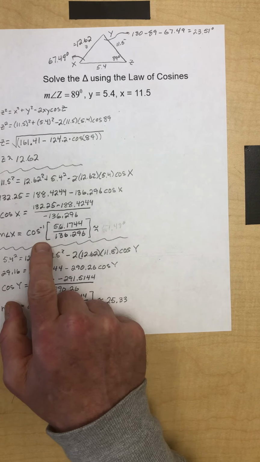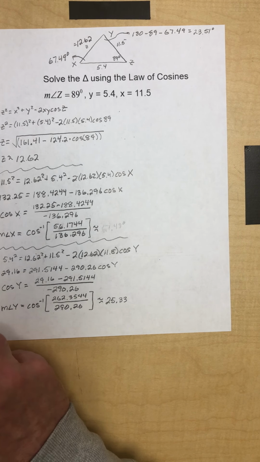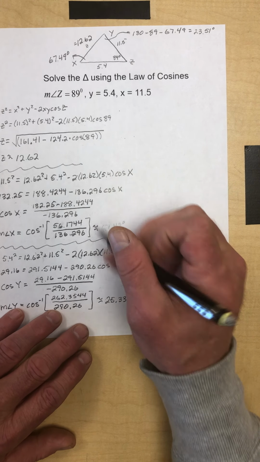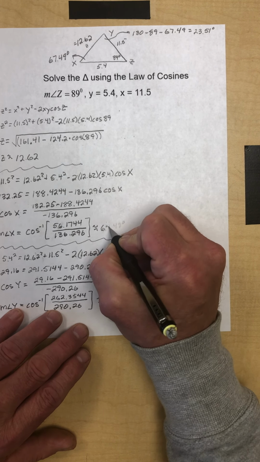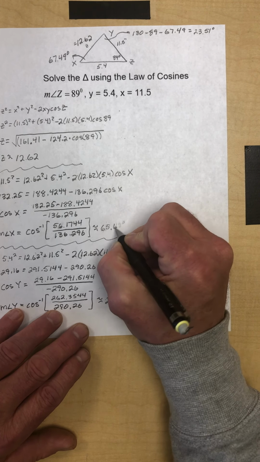Okay, so let's go back here. Second cosine inverse, 56.1744 divided by 136.296. And I'm getting now 65.66. So that'll change this guy right here.